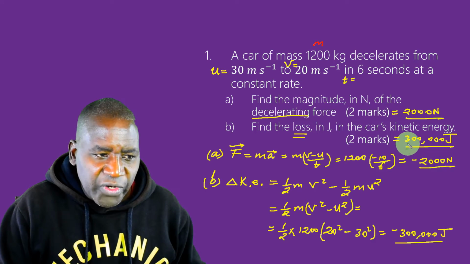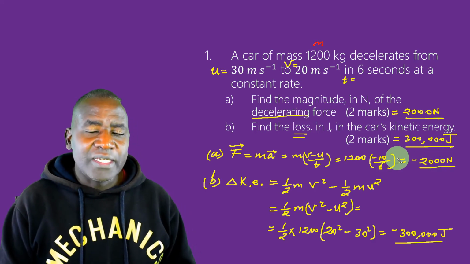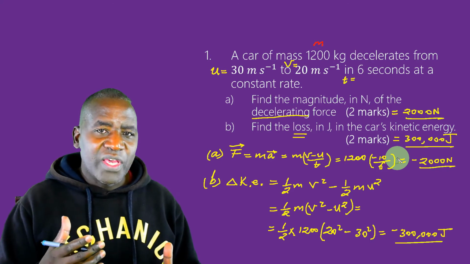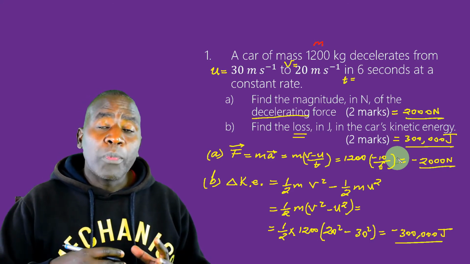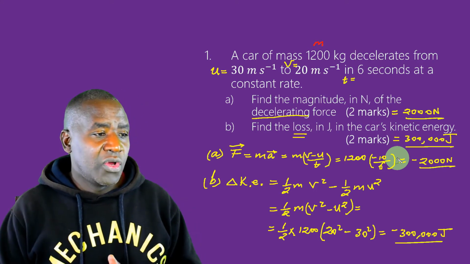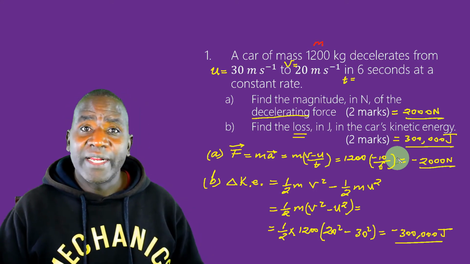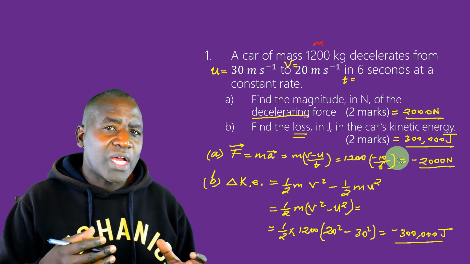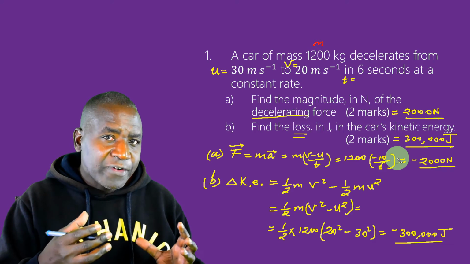And of course, forget about the negative sign. It's just a simple trick that examiners use here. But they are using the common language that we use every day. What is the decelerating force? What is the loss in kinetic energy? All those are terms that we can use in everyday language.